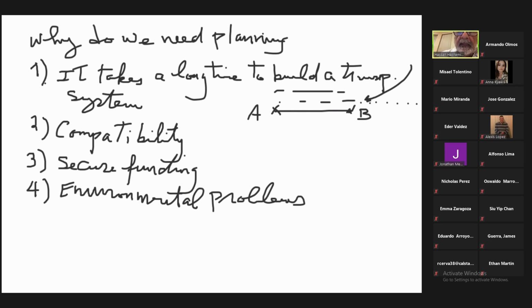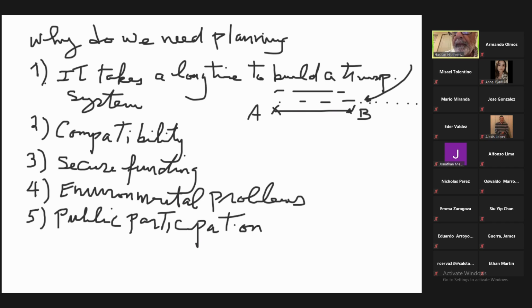And then the last one that I think is important is public participation. You need a plan to present to the public for their approval.